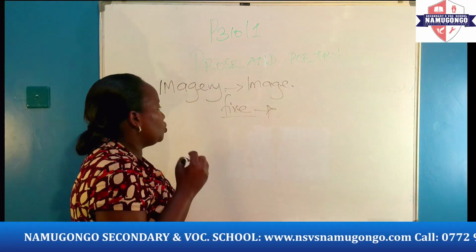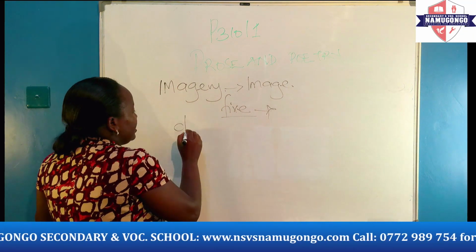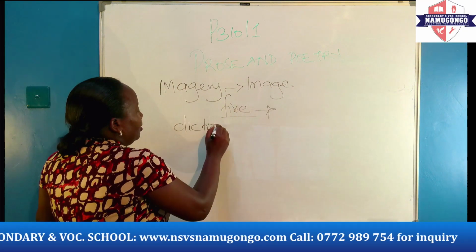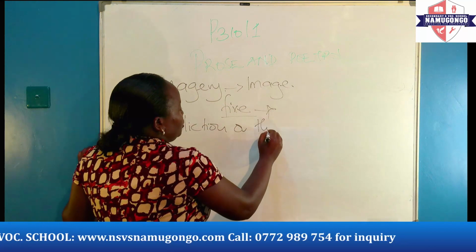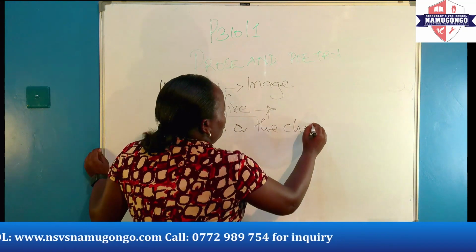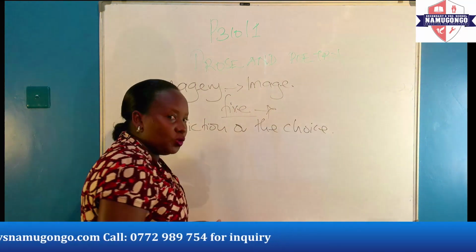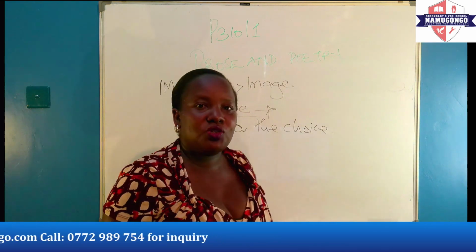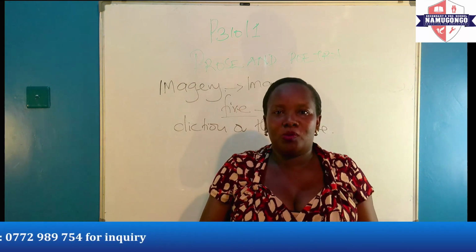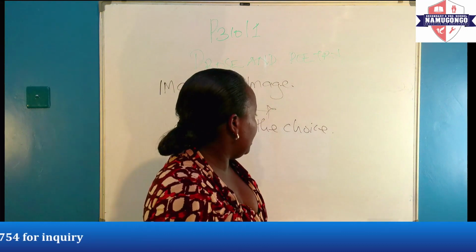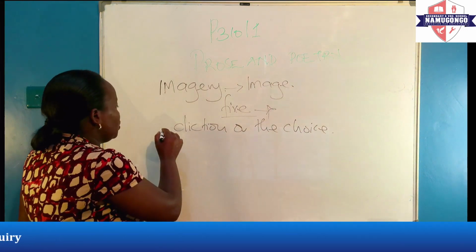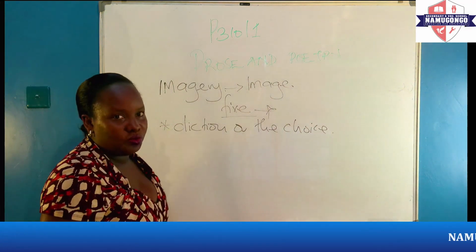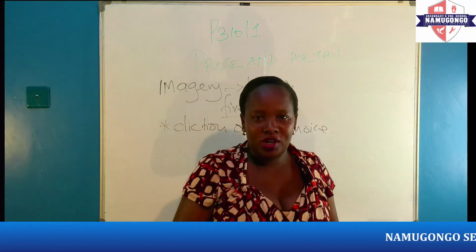Therefore, if you do that, we call that diction, or the choice of words. If you are a poet out there and you want to write a poem that is rich in imagery, please take note of diction or your choice of words.